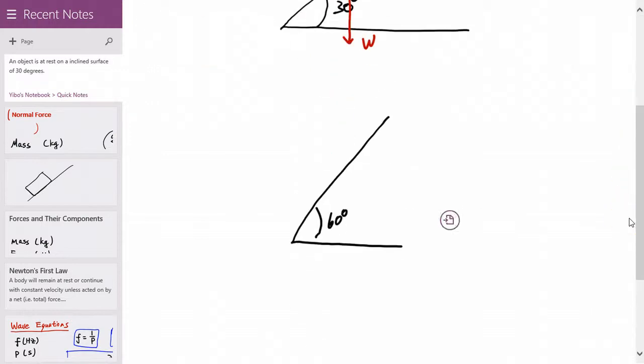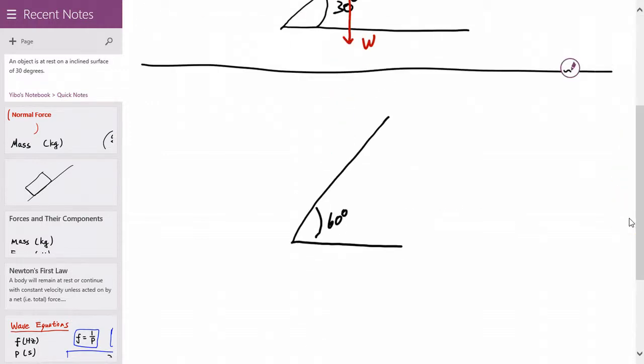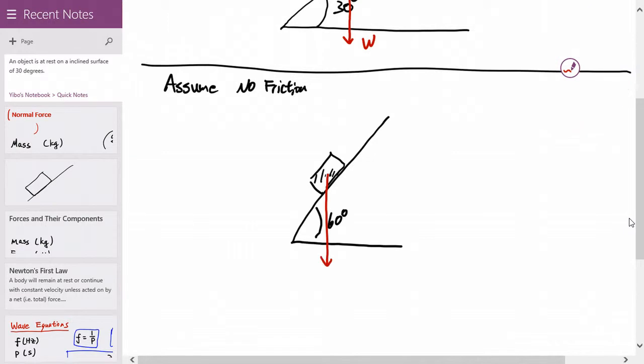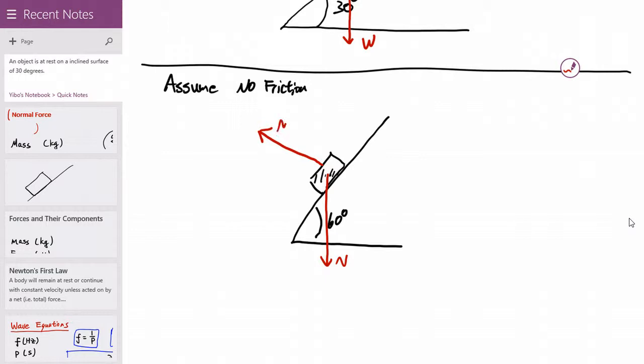And this time, assume there's no friction. We will still have a block of mass, and we will have a weight force acting downwards. We will have a normal force acting this way. Assume there's no friction.